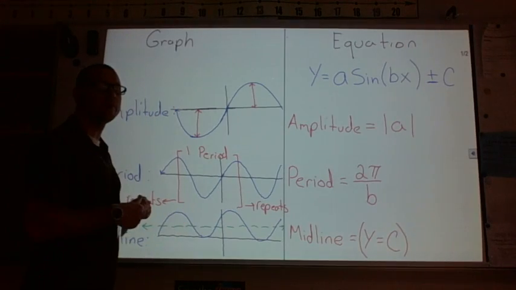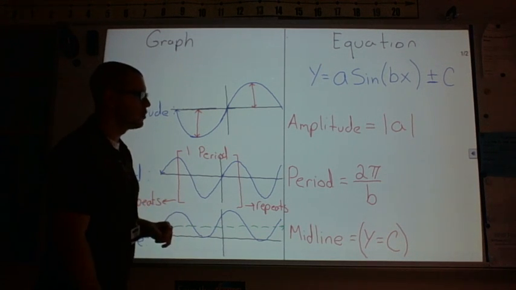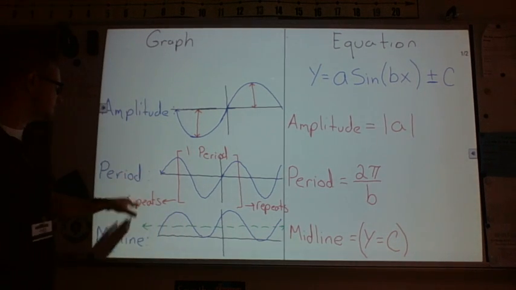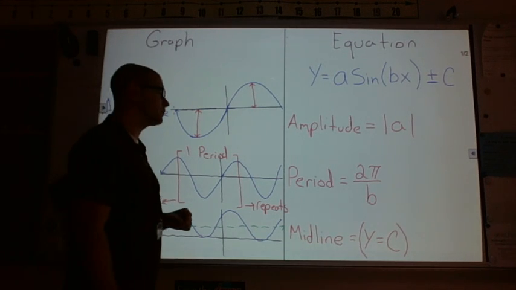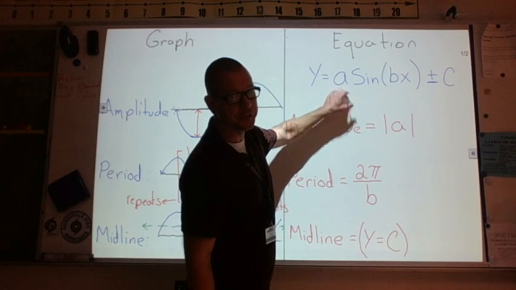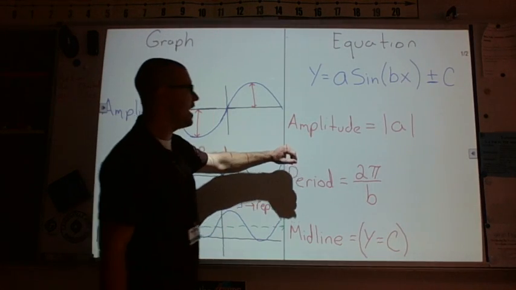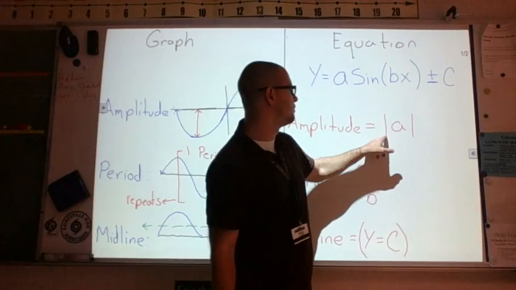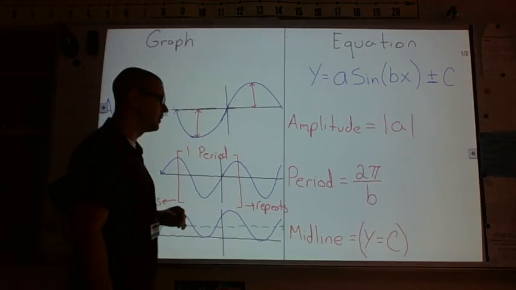And each one of those coefficients, A, B, and C, corresponds to one of these features, the amplitude, the period, or the midline. A, because it is a vertical dilation, goes with the amplitude. And in fact, the amplitude is just the absolute value of that leading coefficient A. Very easy, very nice.